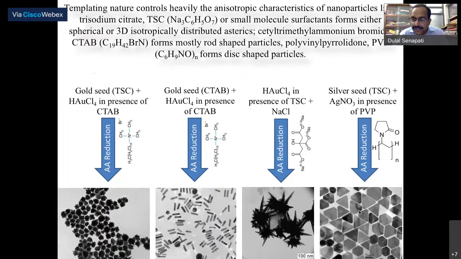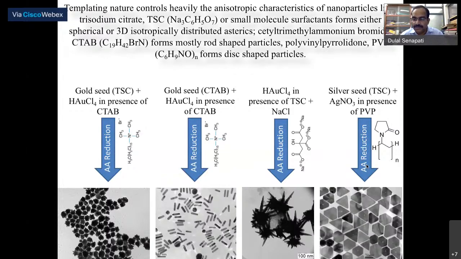Not only the reducing agent, but also the templating agent, which here we call the shape-directing ligands, plays a big role in forming different shapes of nanoparticles. You see here I specifically gave 4 examples where all are ascorbic acid based reduction, so I'm keeping the reducing agent constant.